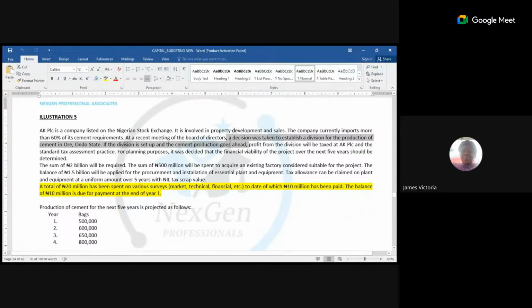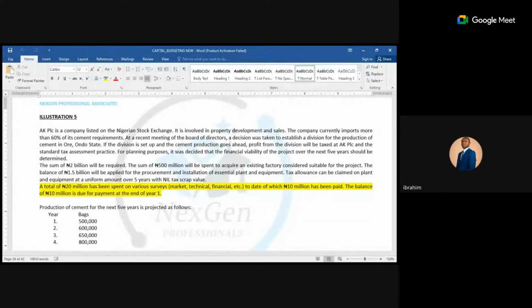If the division is set up and the cement production goes ahead, profit from the division will be taxed at the standard tax assessment practice for planning purposes. It was decided that the financial viability of the project over the next 5 years should be determined.